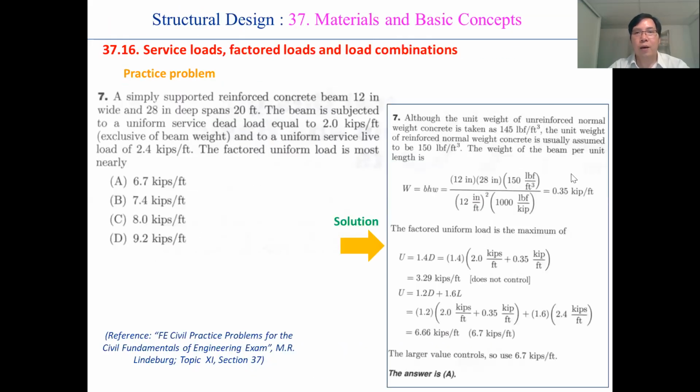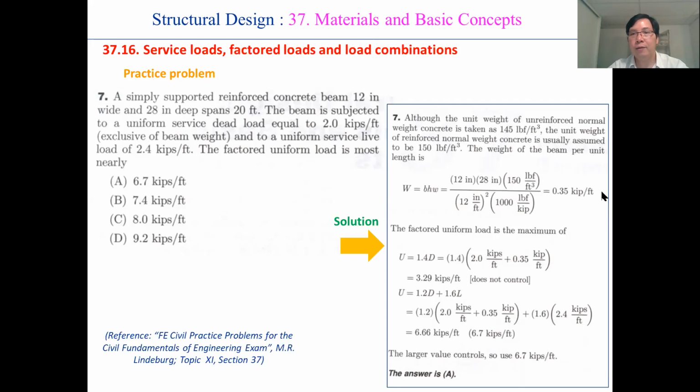So for the answer to the question given in the practice problem, firstly you can calculate the weight of the beam per unit length by this equation: w equals b times h times the unit weight.